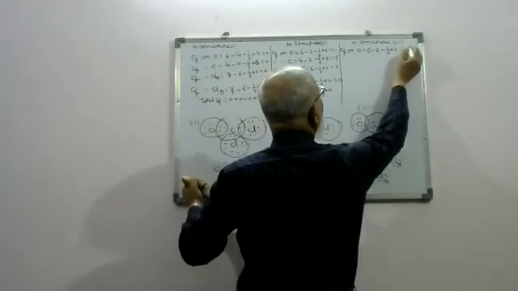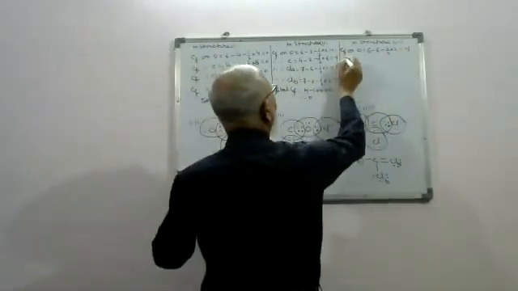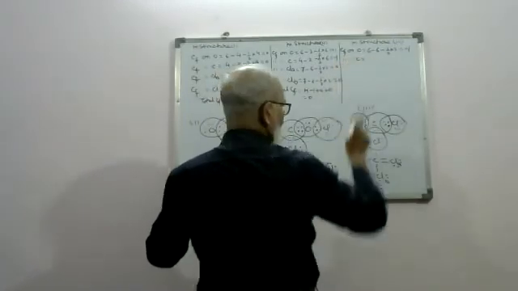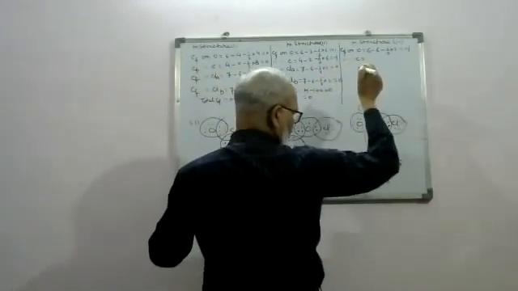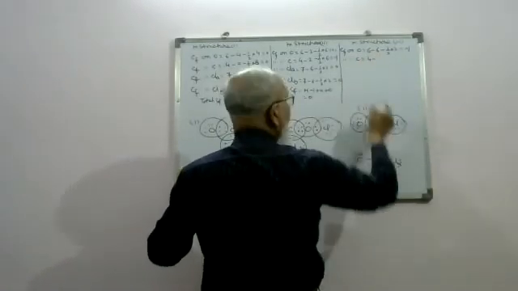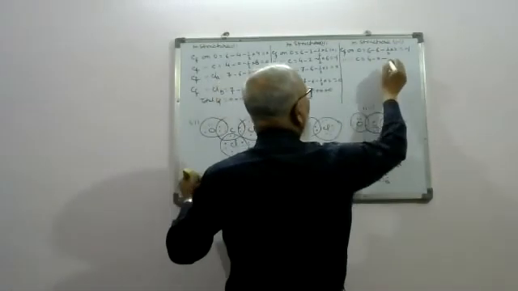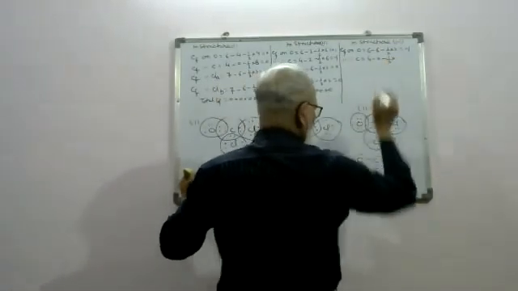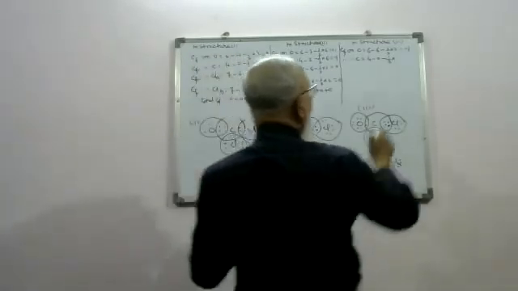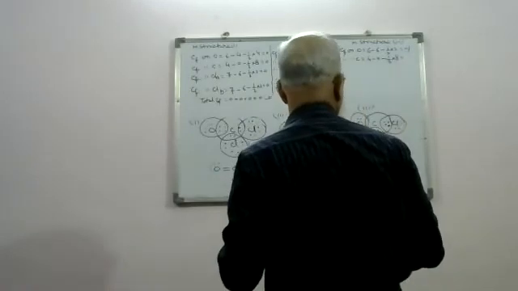So this is equal to minus 1. FC on carbon. This is our carbon. 4 minus unshared 0 minus 4 with shared 8, 1 by 2 into 8.